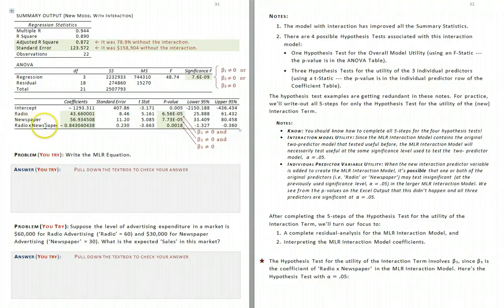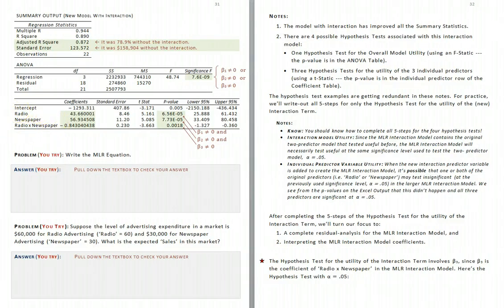Finally, for the interaction term, the p-value is less than 1%, again indicating that the coefficient of the interaction term in the true multiple linear regression model is different from zero, which indicates that the interaction term is a useful predictor variable in the context of the multiple linear regression model.